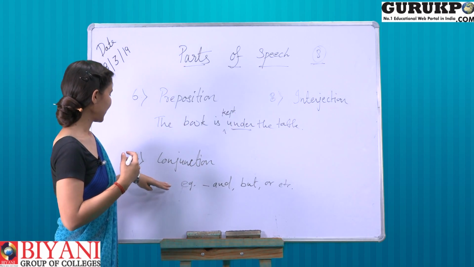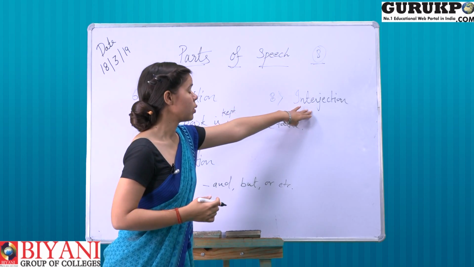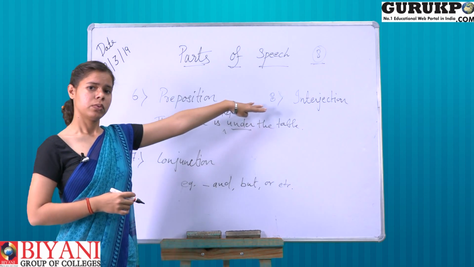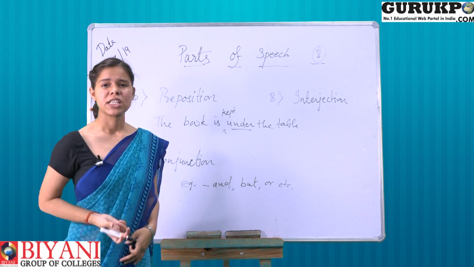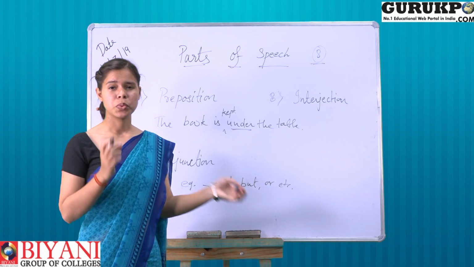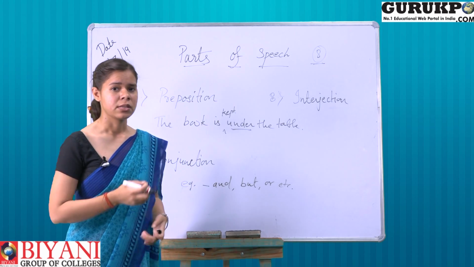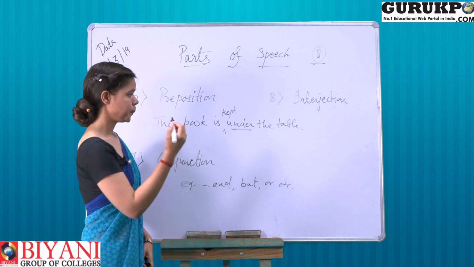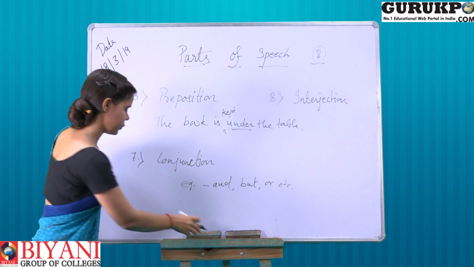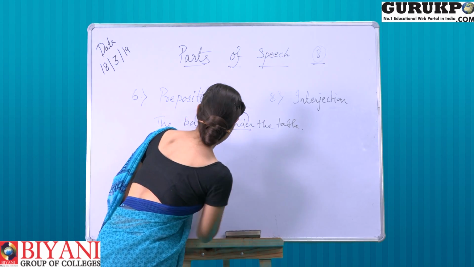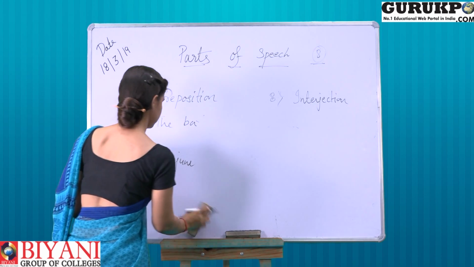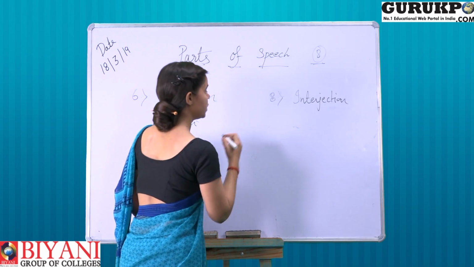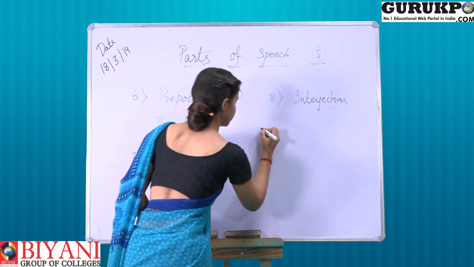Okay. Next is interjection. Last is interjection. What are interjections? Interjections are short exclamations that are used in between sentences. For example, hooray.